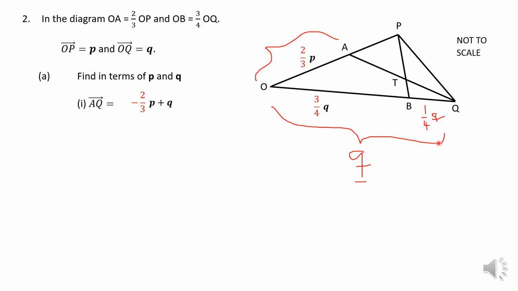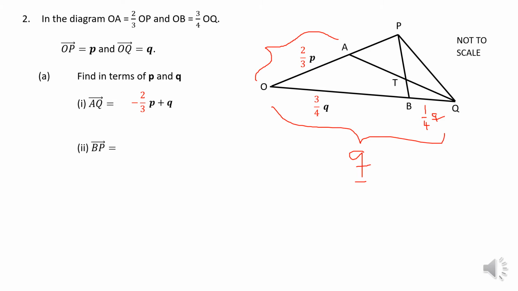What you can also do, if you don't want to go straight up, is say AQ is the same as AO plus OQ. That should definitely bring you to your correct answer. But you must leave your answer in terms of p and in terms of q.